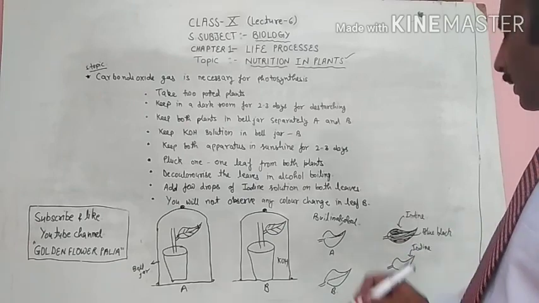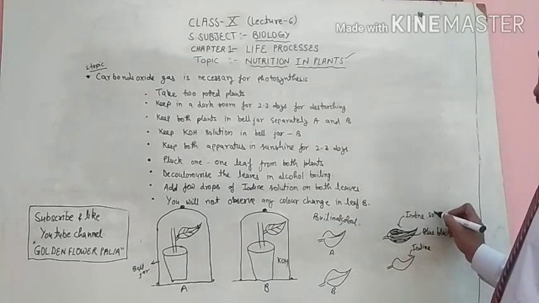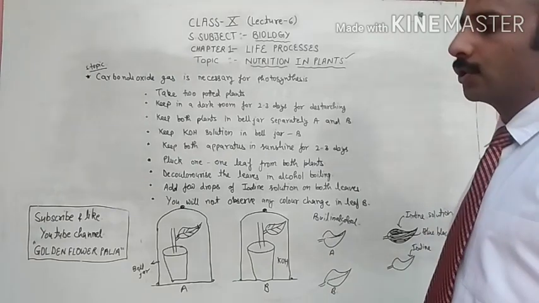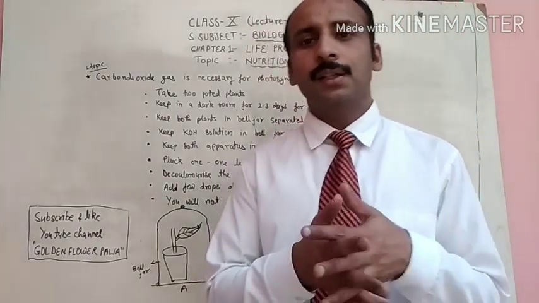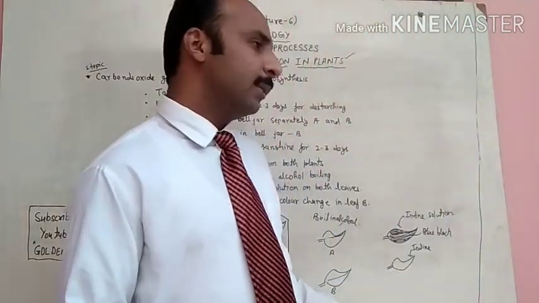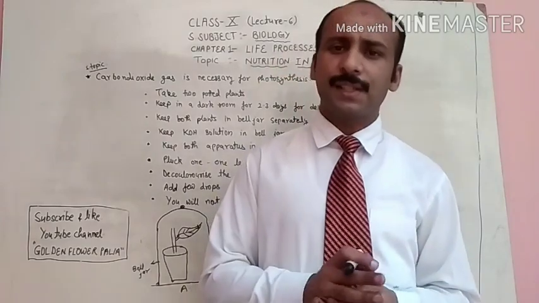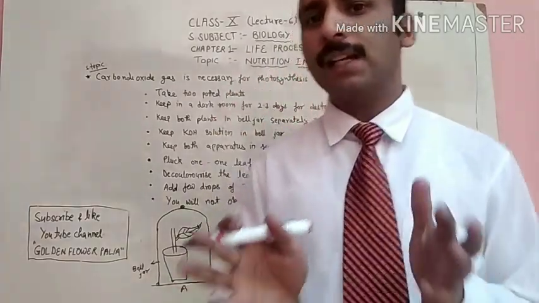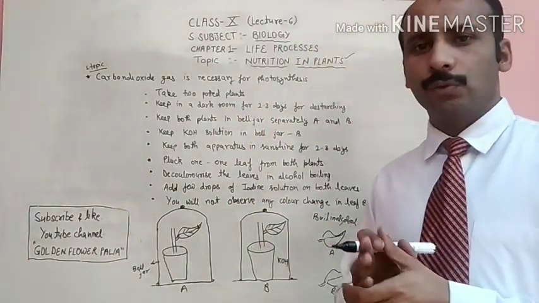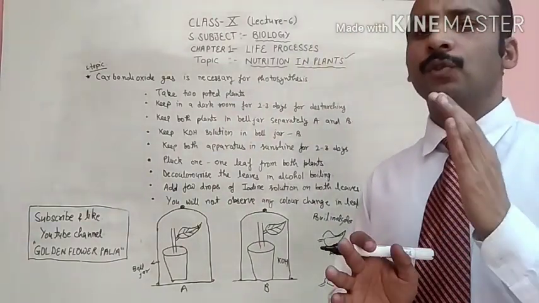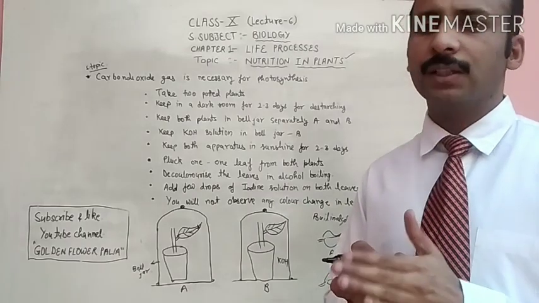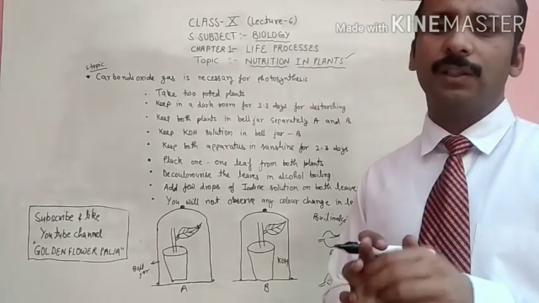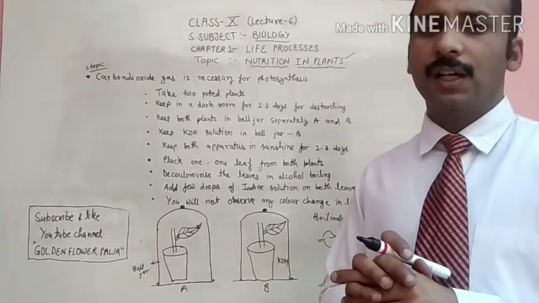We have to add the iodine solution. You know very well what the iodine solution is. Iodine is a liquid orange colored chemical which shows the presence of starch. In an experiment, when we have to observe whether starch is present or not, we test with iodine.